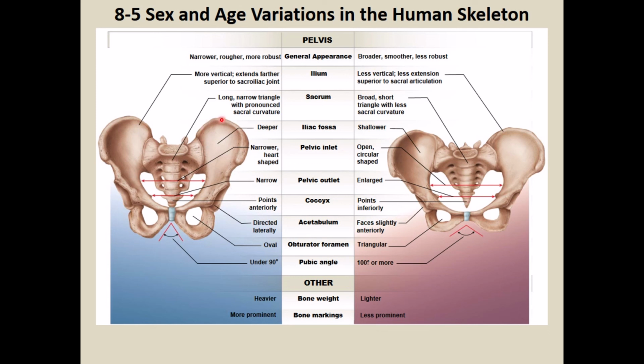So the ilium and the iliac crest that you see are higher in men than women. If you see this area, the base of the sacrum and the sacroiliac joint, the iliac crest is higher in men than women. Also, the iliac fossa is deeper in men and shallower in women.